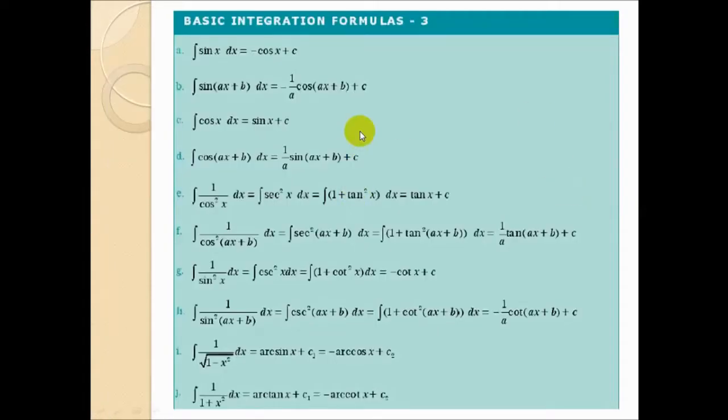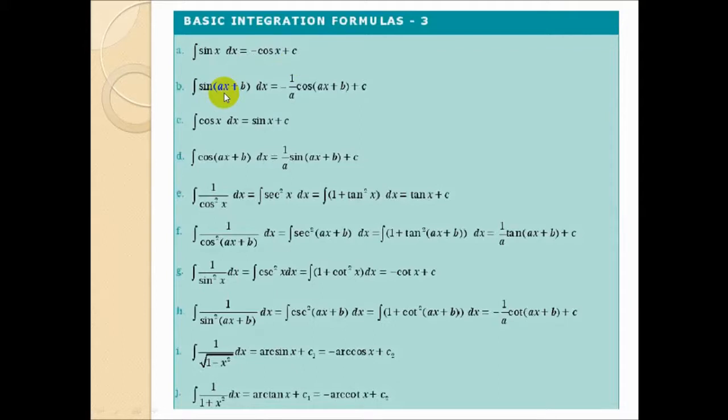The basic integration formula for the next is trigonometry. Maybe in the derivative you still remember the definition and the derivative of sine, cosine, and so on. In the basic integration formula, if we have the integral of sin x dx, the integral is minus cos x plus c.